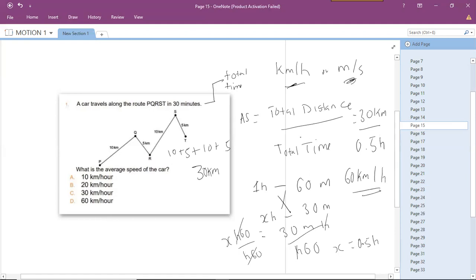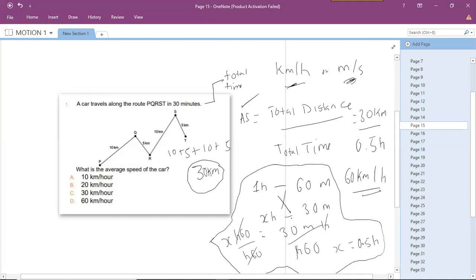So this one was simple because we know that average speed is total distance over total time. For total distance, we just had to add everything to get 30 kilometers, but we had to use some unit conversions. We said 1 hour is equal to 60 minutes, then how many hours are equivalent to 30 minutes.